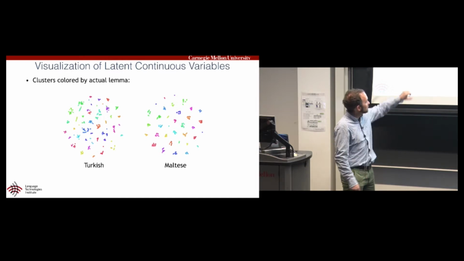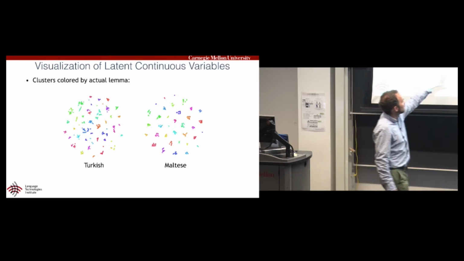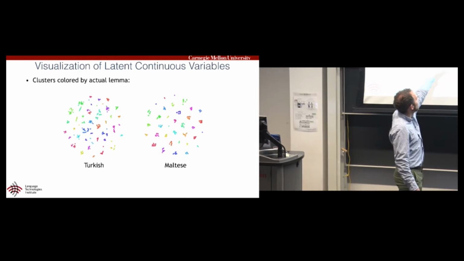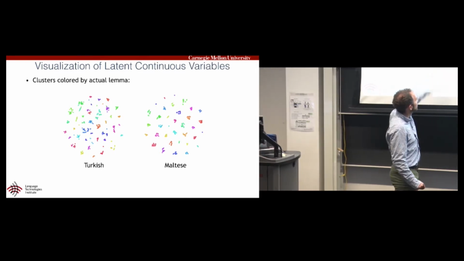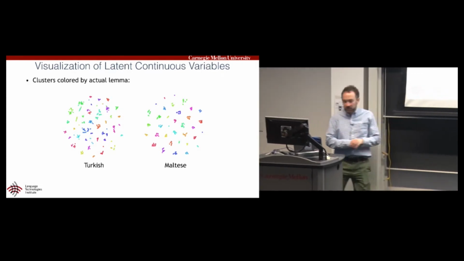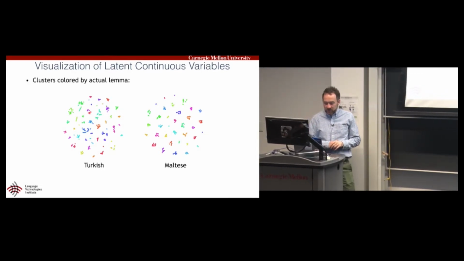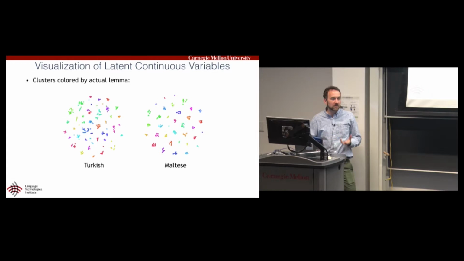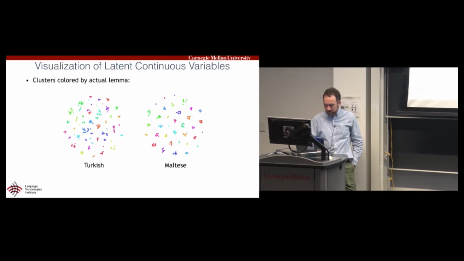But we post hoc took a bunch of words that had the same lemma or the same meaning, and we colored them differently on here, and then did a t-SNE visualization of the latent space. And you can see that within the latent space, things with the same meaning tend to group together. So it was able to learn to group things together. Very well for Maltese, a little bit less well for Turkish, but these are both relatively complicated languages.